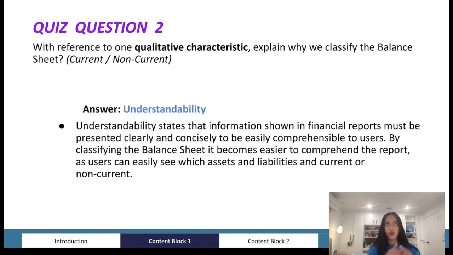So by sorting out our balance sheet into these groups that make it easier to understand or comprehend, the people that are reading the report can easily identify which assets are current and non-current and which liabilities are current and non-current. And that, therefore, classification supports understandability of reports.